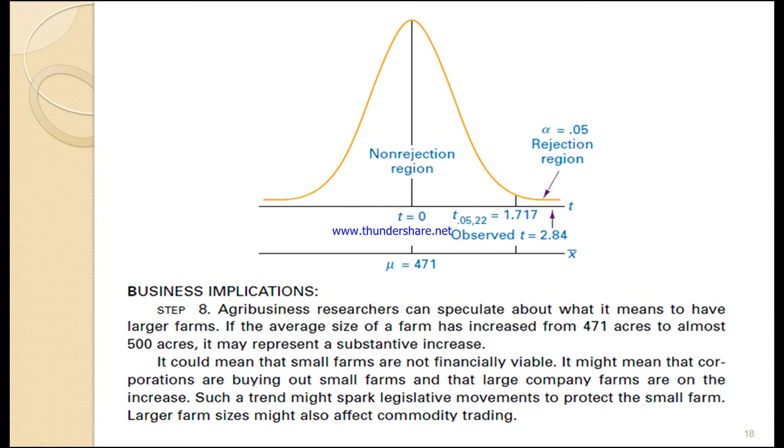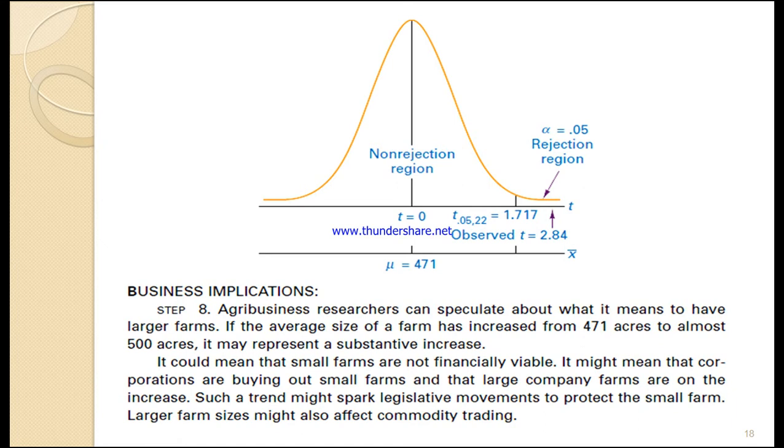That could mean that small farms are not financially viable. It may also mean that corporations are buying out small farmers and that large company farms are on the increase. Such a trend may spark legislative movements to protect the small farmers, or it also implies that larger farm sizes may affect commodity trading.